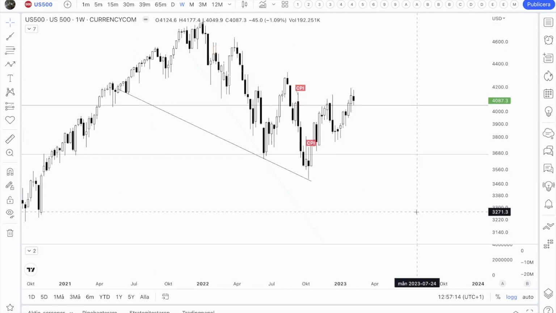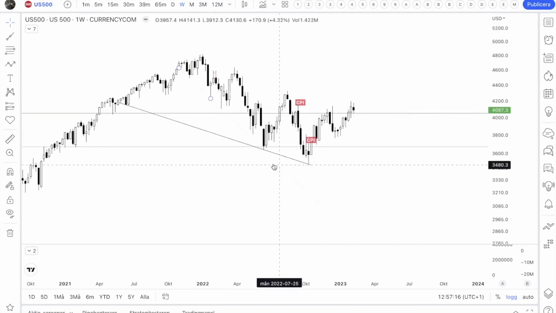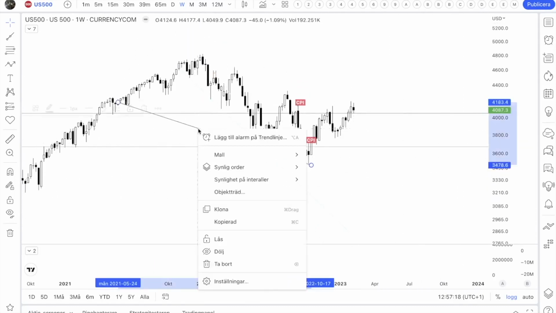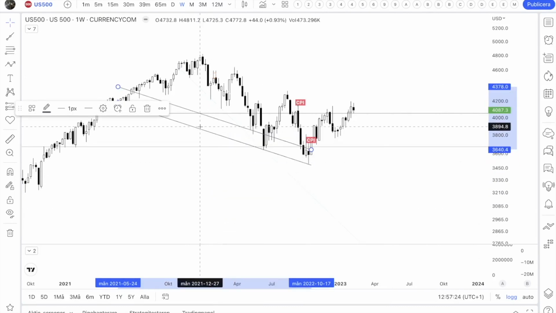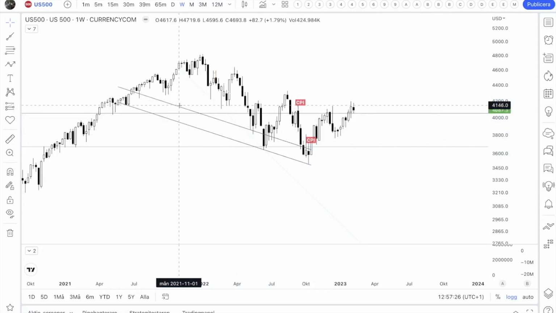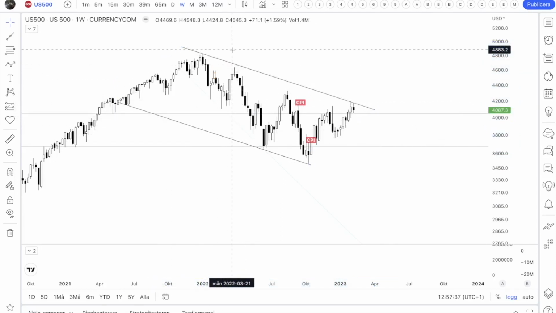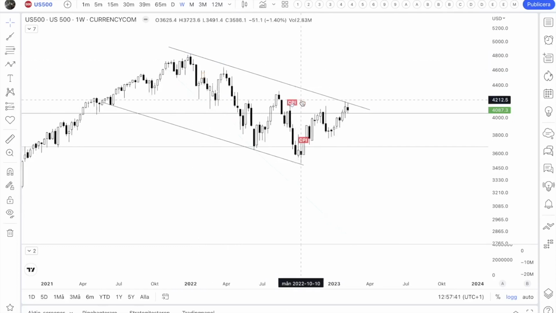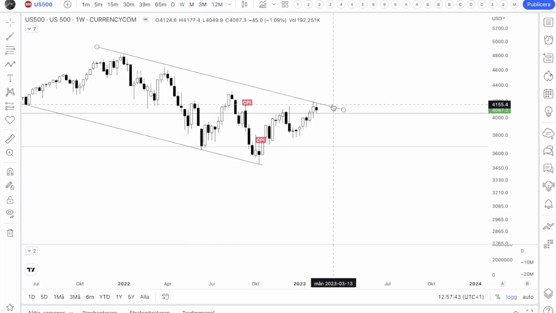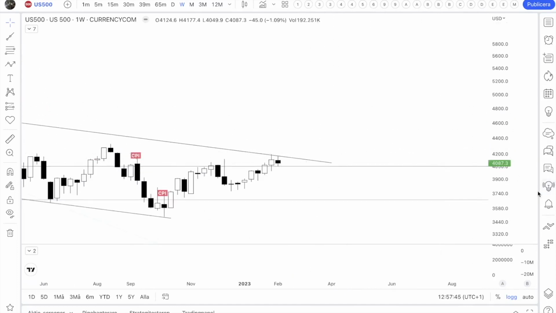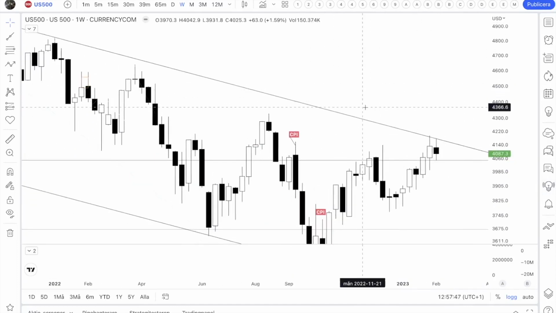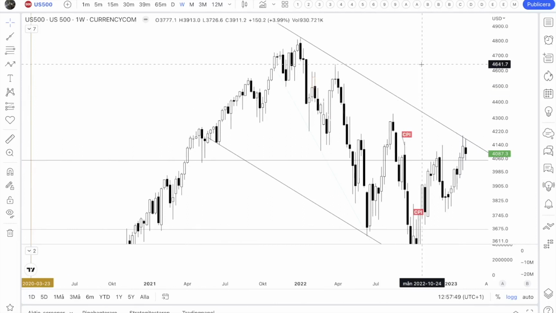You can also draw regular channels, right? And I like to clone channels to get them exact for these purposes. So I clone this line, the broadening range candidate, and put it on the top, right? And look what happened, way over here, like a year later or something like that.